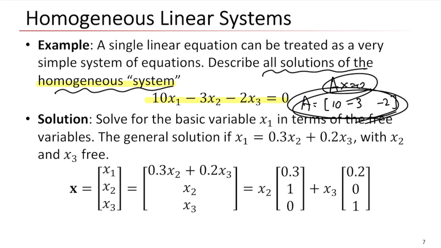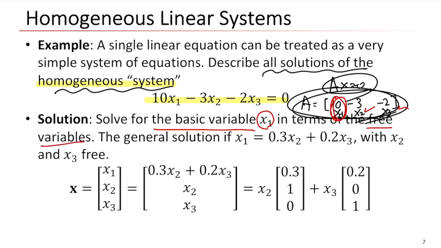In this case, this is x1, x2, x3, right? Here x1 is the basic variable, the single basic variable. However, x2 and x3 are free variables, right?